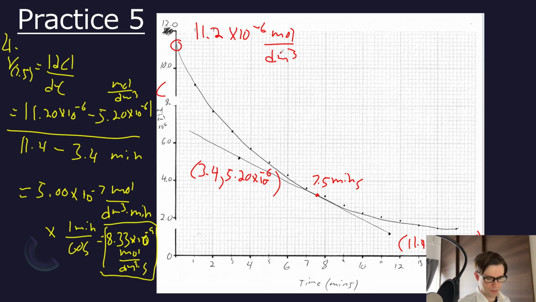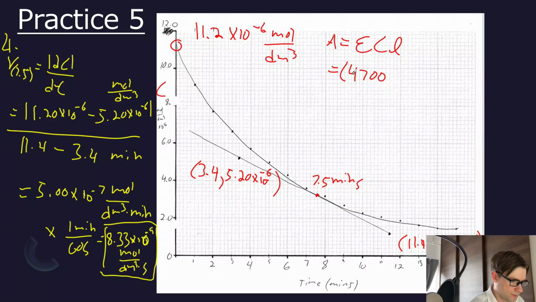And then we just need to convert that back into an absorbance to answer this question. So we have absorbance equals epsilon times concentration times path length. Epsilon was 4,700 decimeter cubed per mole per centimeter. C is what we have here, 11.2 times 10 to the minus 6.